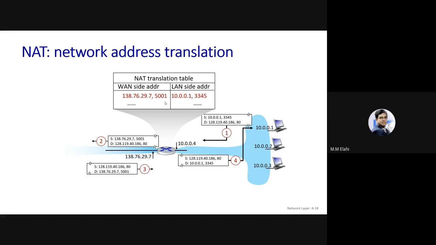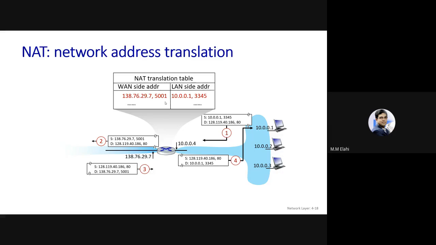And another reason: if we use one public IP, in that case we can use only one connection, right? So with one public IP, you can create only one connection if we keep the source port number the same. That is not scalable, that is not good. What will the router do? The router will store in its NAT translation table the local IP and local port number also, but it will create its own port number.